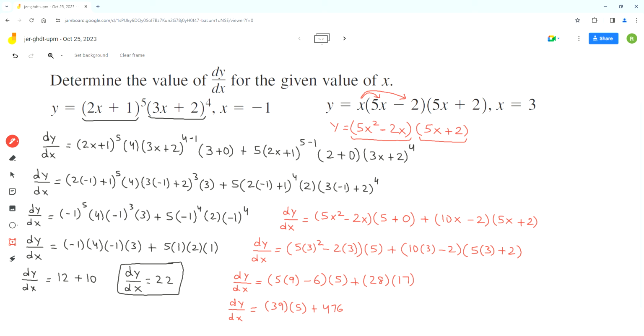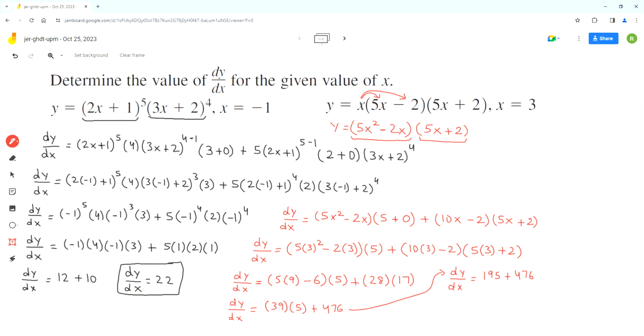Now in the next step, we can multiply 39 and 5. So dy over dx, so 39 times 5 is equal to 195 plus 476. And now we can add these numbers.